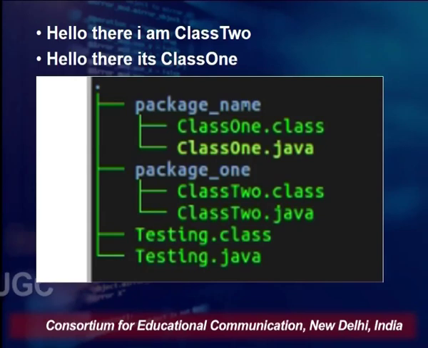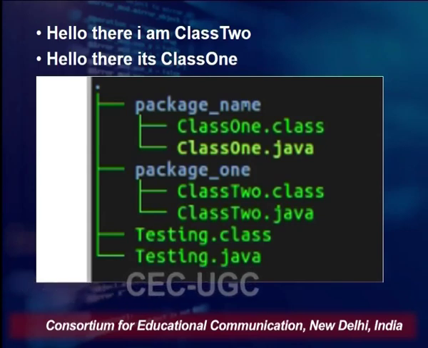Here we have package_name and package_1. Within package_name, we have kept one file, class1.java. After compilation of class1.java, a class file is created, class1.class.